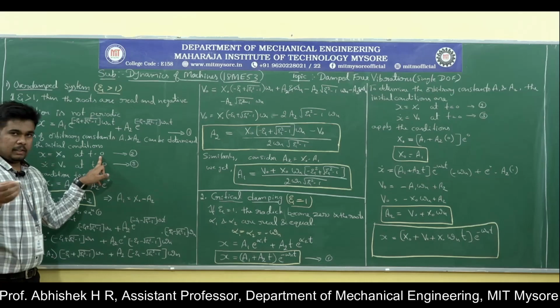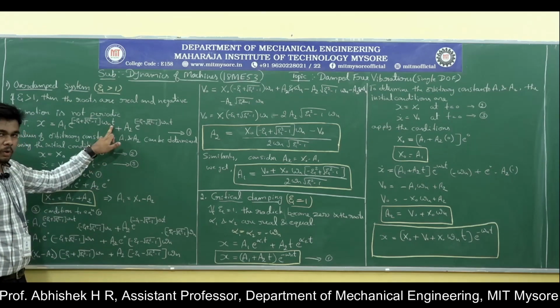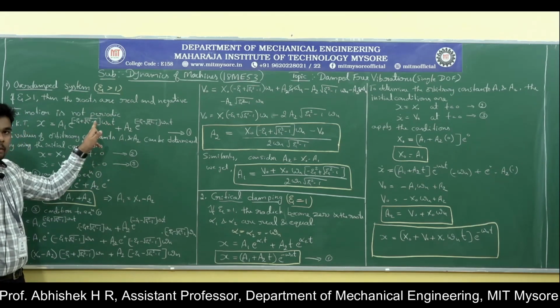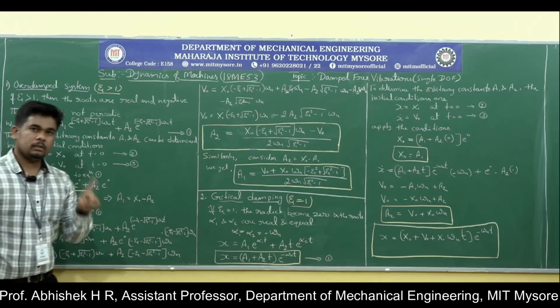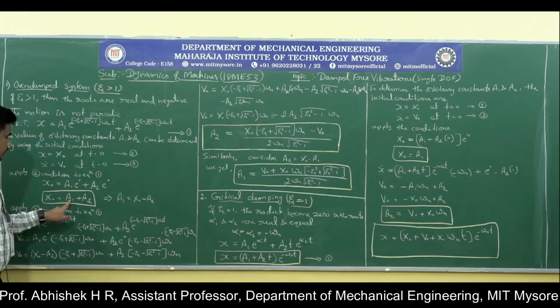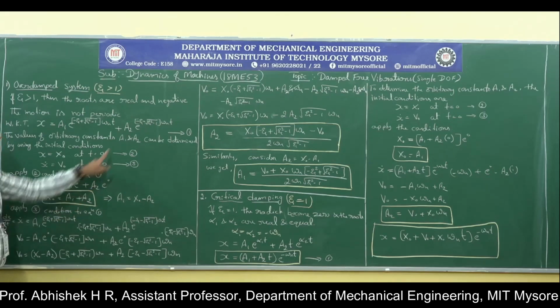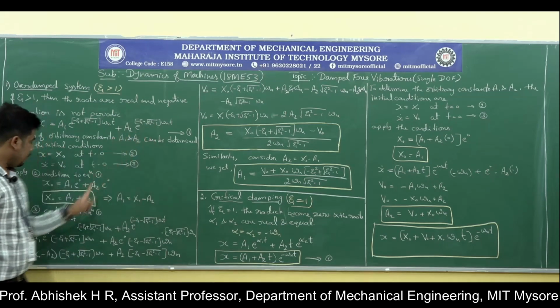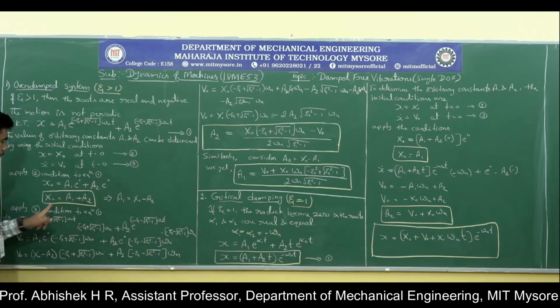As per the condition, t is equal to 0, so the whole exponent becomes 0, and e to the power of 0 is 1. So a1, plus in the same way for a2, it is a2. The final expression is x naught is equal to a1 plus a2, from the condition x is equal to x naught at t is equal to 0.